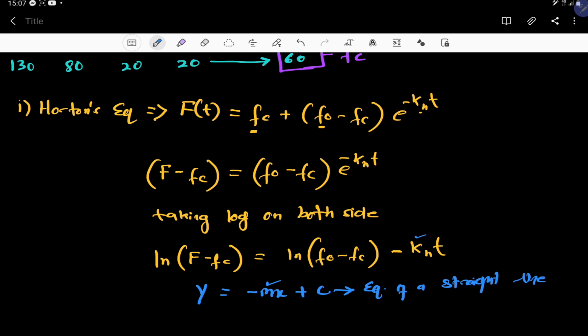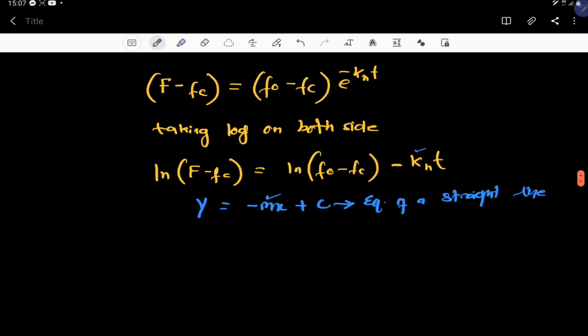To get the value of k, you plot this y versus this x.